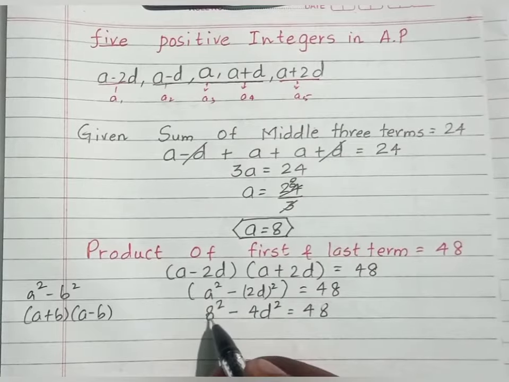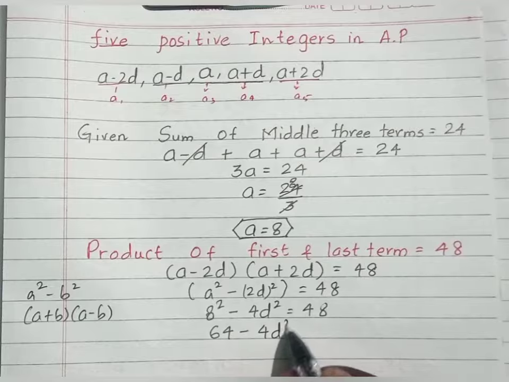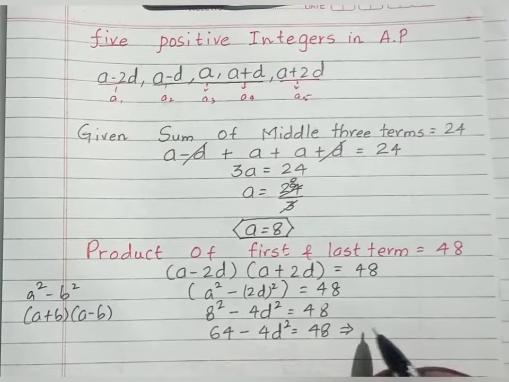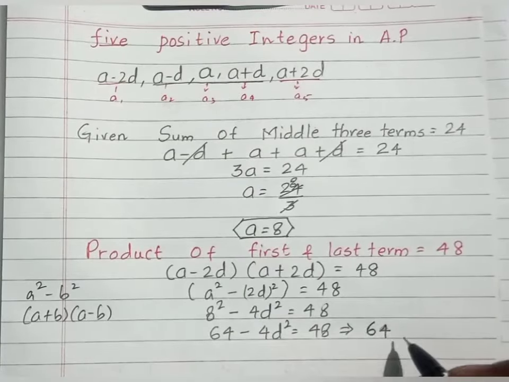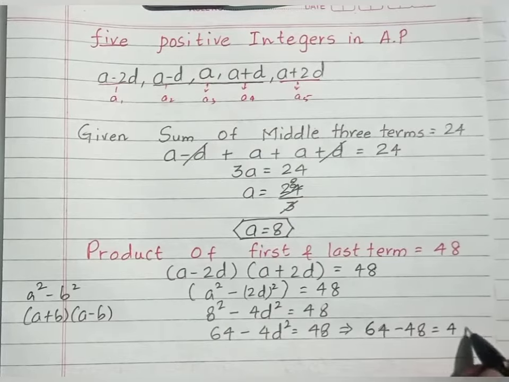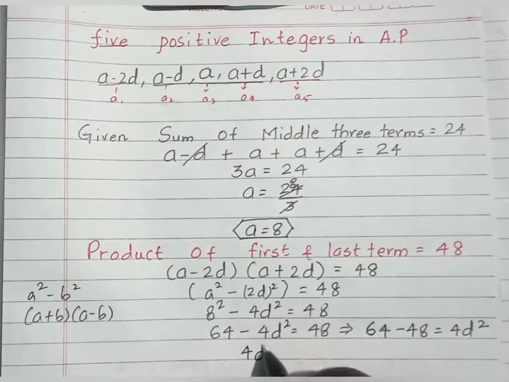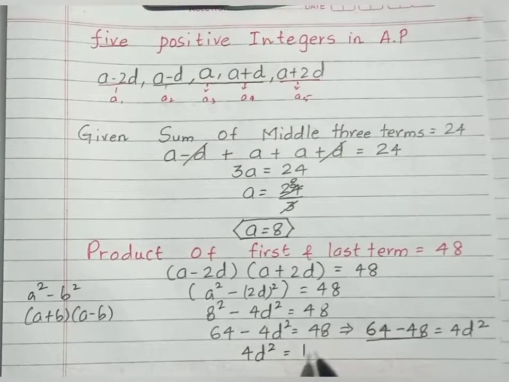Now 8 square is 64. 64 minus 4D square equals 48. Now shift 48 to the LHS. Now 64 minus 48 equals 4D square. 64 minus 48 will give you 16. So therefore 4D square equals 16.